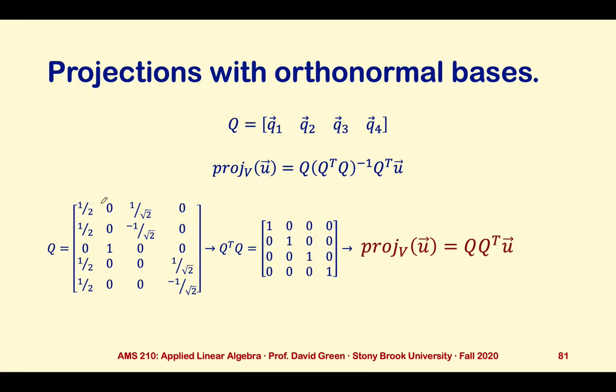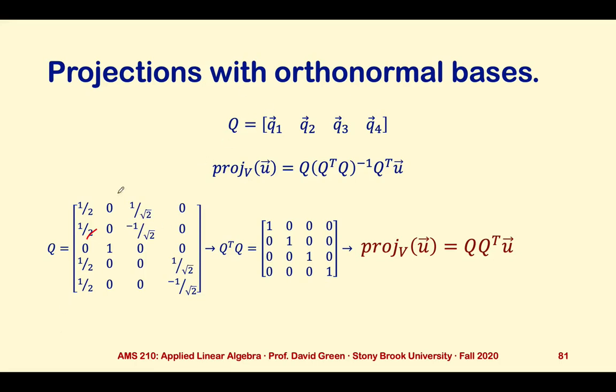The dot product will be the sum of the product of corresponding entries: 0 plus 0 plus 0 plus 0 plus 0. We have a 0. 1 over 2 root 2 minus 1 over 2 root 2 plus 0 plus 0 plus 0. 0 plus 0 plus 0 plus 0 plus 0. I'm not going to go through all of the pairs, but you can verify that in fact the dot product of these vectors is all 0.